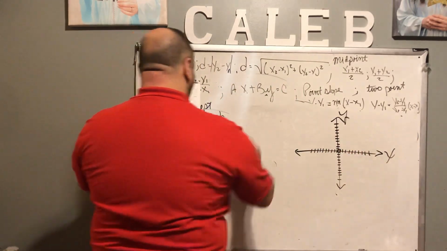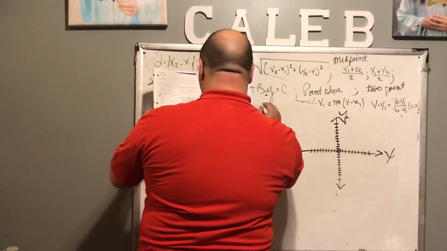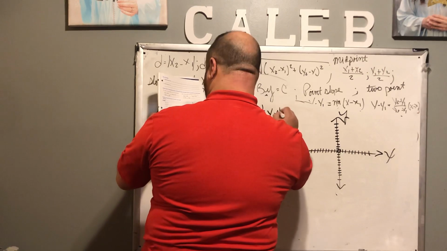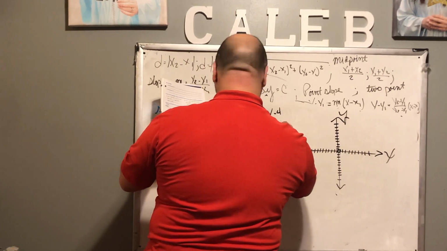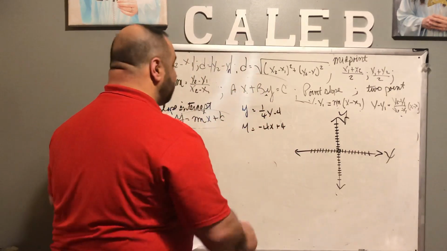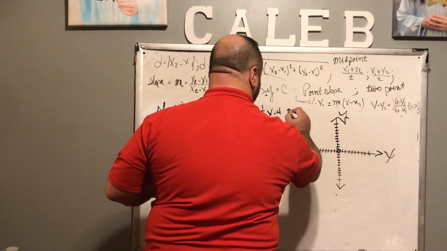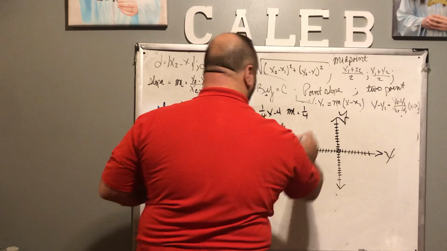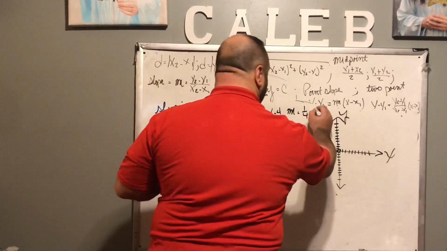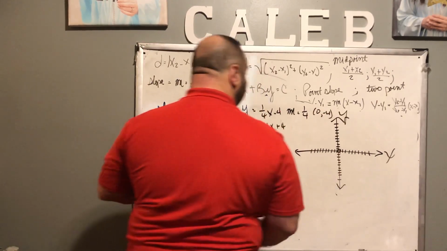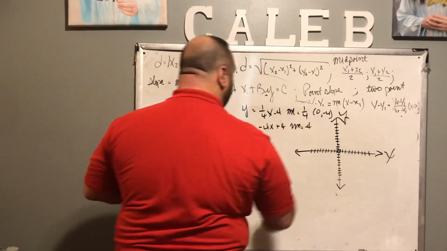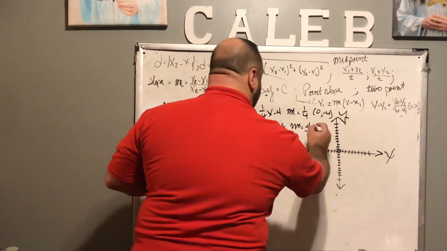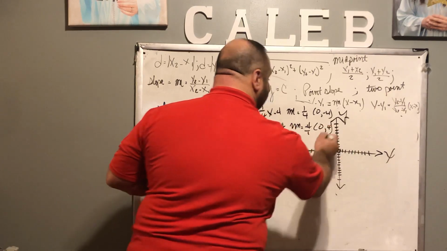We have y equals 1/4 x minus 4, and y equals -4x plus 4. So what's our slope here for the first problem? We have 1/4, and our y-intercept would be (0, -4). And for this one, our slope is -4 over 1, and our y-intercept would be (0, 4).